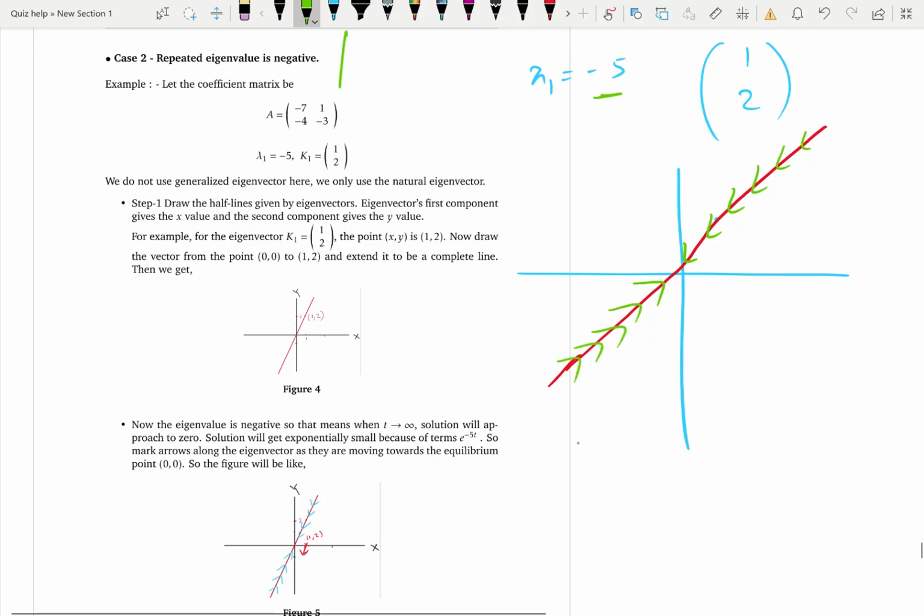Why is that? The e^(-t) graph, as we discussed before, okay, this is e^(-t) or e^(-5t). When t is very small, e^(-5t) is very large. So you are coming from far away. And when t goes to infinity, when time goes on, you are approaching 0, right?